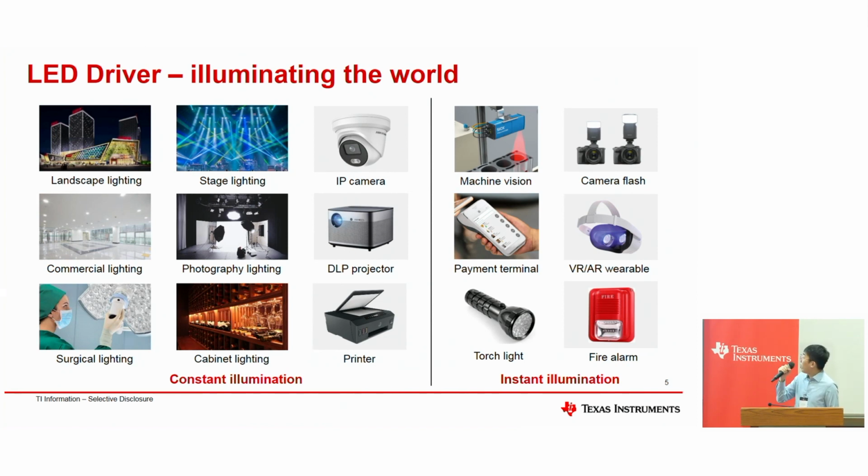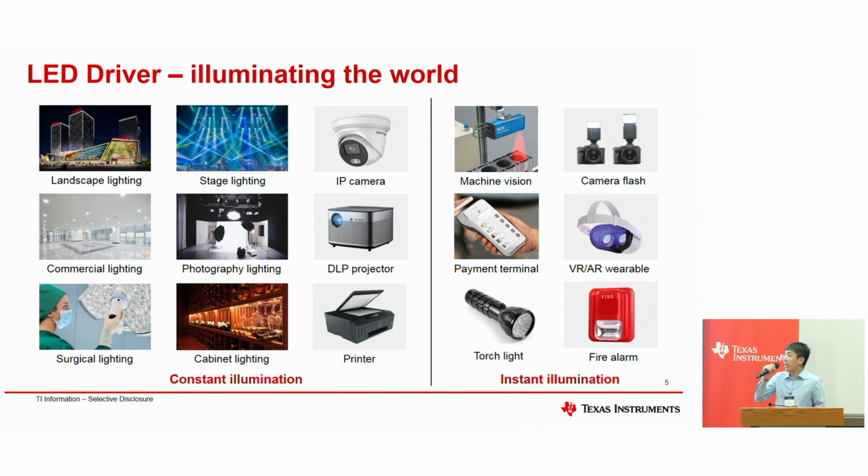For the left one, we call it constant illumination. It is constant because our LED driver in this end equipment mostly works with a constant output, so you are probably not changing or toggling the output. We have six major lighting sectors. The first is landscape lighting, mostly outdoors, on the walls of shopping malls or buildings.